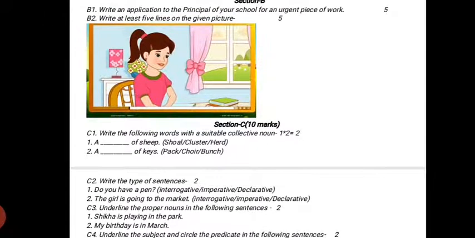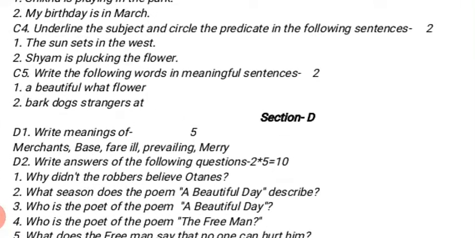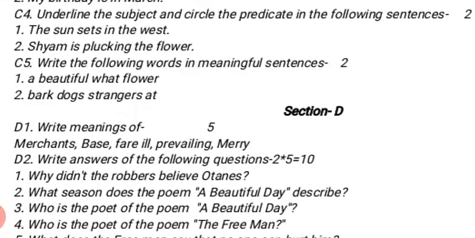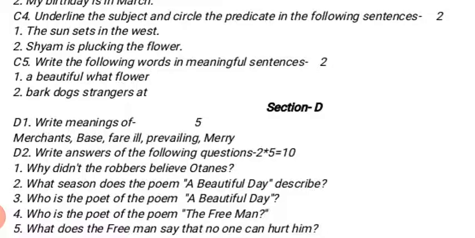Underline the subject and circle the predicate in the following sentence. Now come to the subject and predicate. Subject is when the sentence is telling about the person, and predicate is what the subject is doing, what the subject is performing.